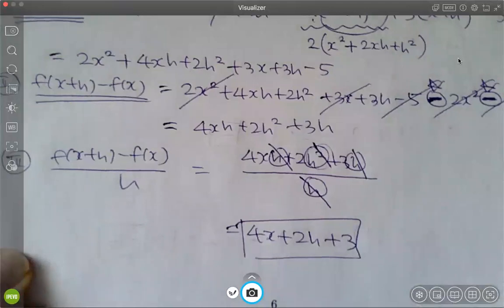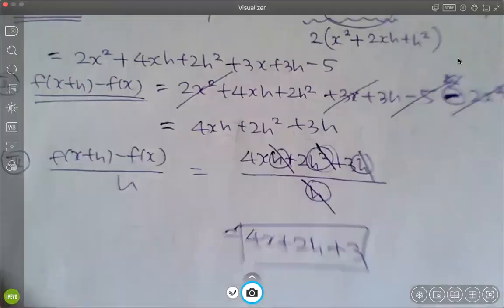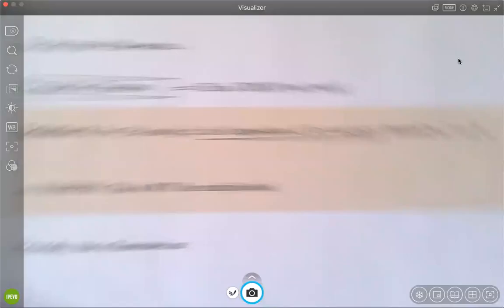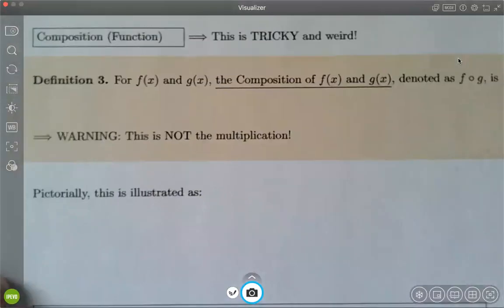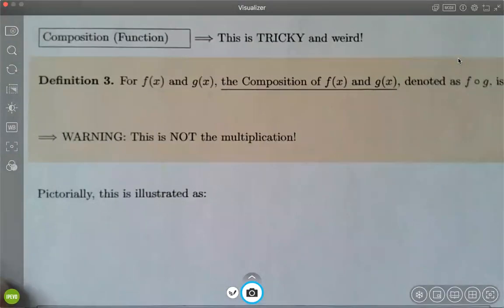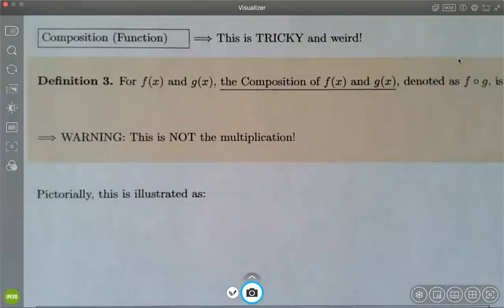Okay, so now off to the last topic in the section, composition. Okay, so now earlier we saw some difference, product and quotient functions, and this is the last one that we can get from f and g.